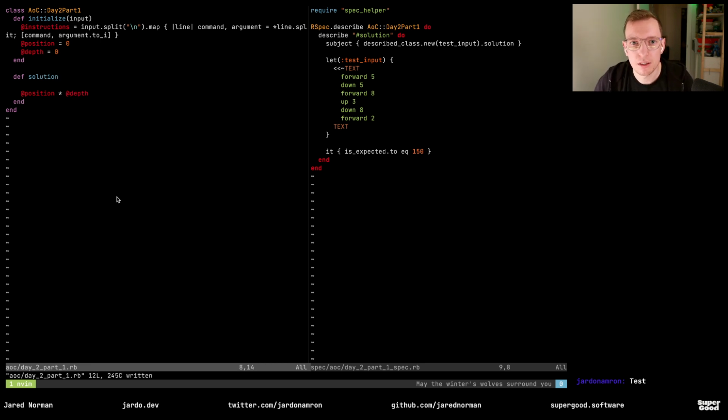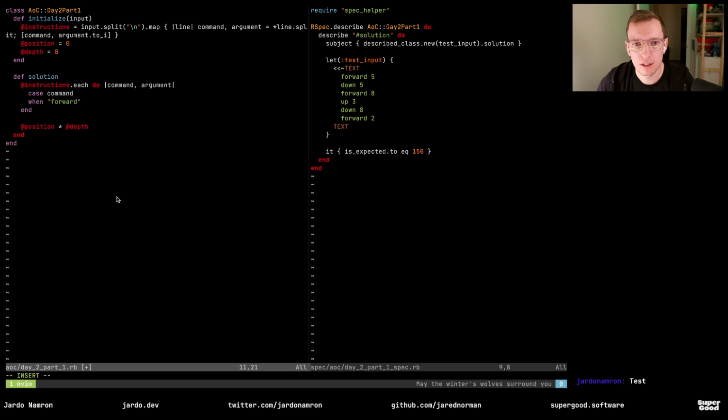And then we want to loop over our instructions, command argument, and then switch. What language am I writing? Command, and then so when command is, what are the options?